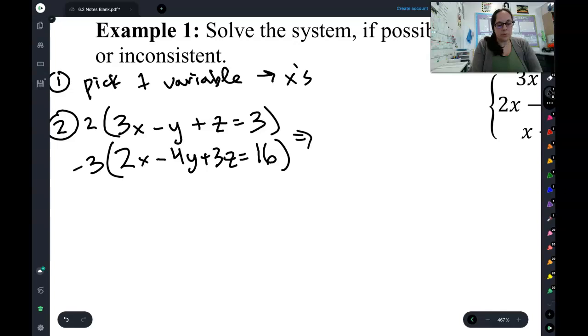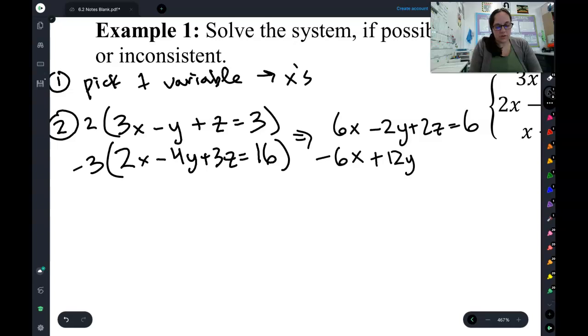So let's multiply this one by 2: 6x minus 2y plus 2z equals 6. And the second one by negative 3: plus 12y minus 9z equals, 16 times negative 3 is negative 48.